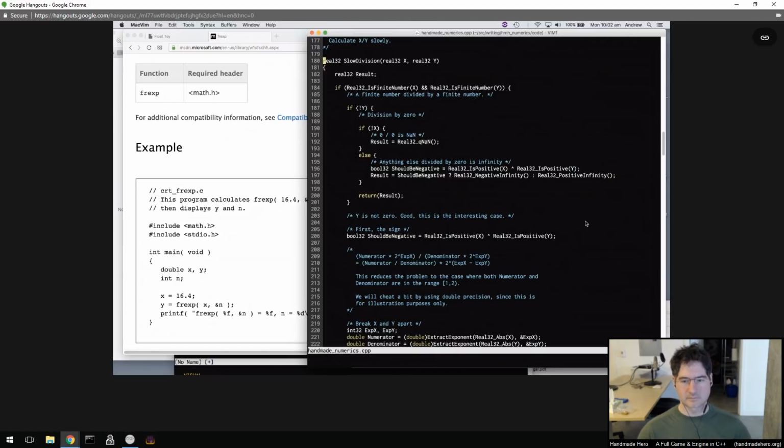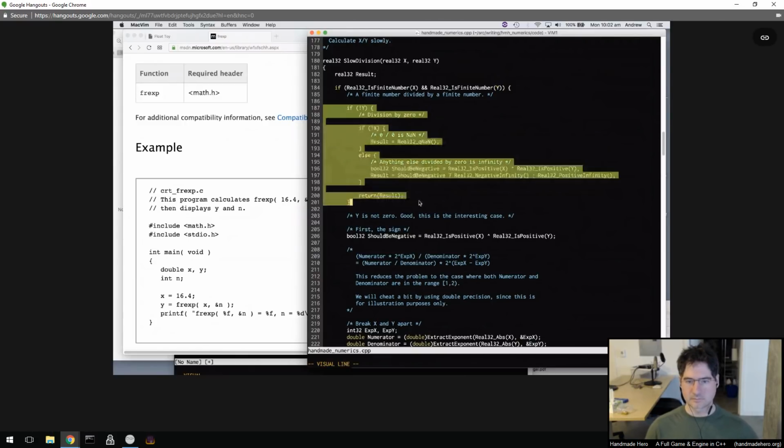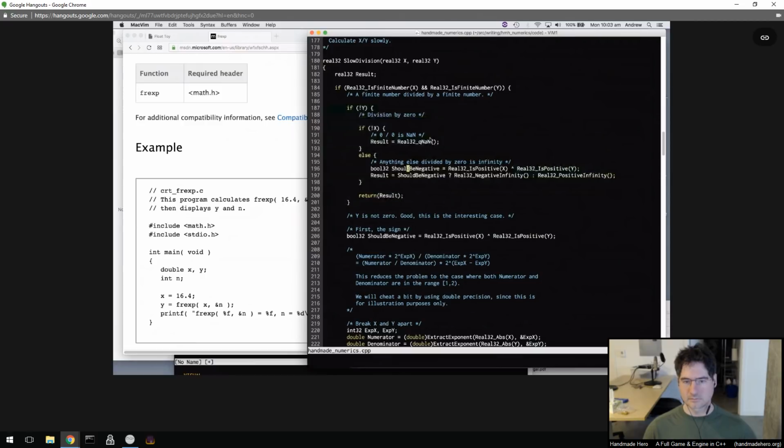So anyway, let's look at division. This is the case where x is a finite number and y is a finite number, which is really the case that we're interested in. So that's normal and subnormal, including 0. We do have to deal with division by 0. That's something we probably can't get away with. 0 divided by 0 is not a number.